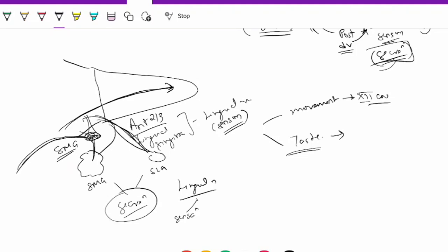So this much we are very much clear of. Along with that, this friend that is coming also goes in the anterior two-third of the tongue and is responsible for anterior two-third of the tongue taste.